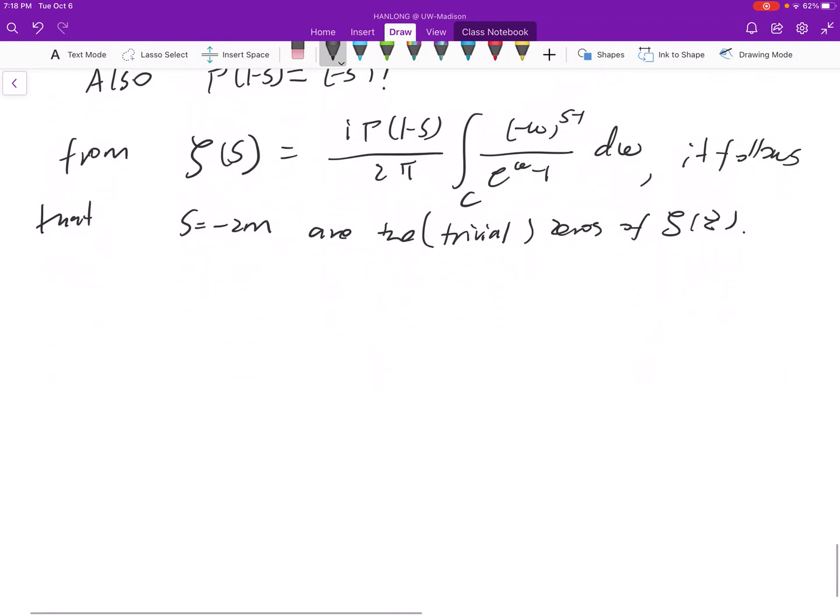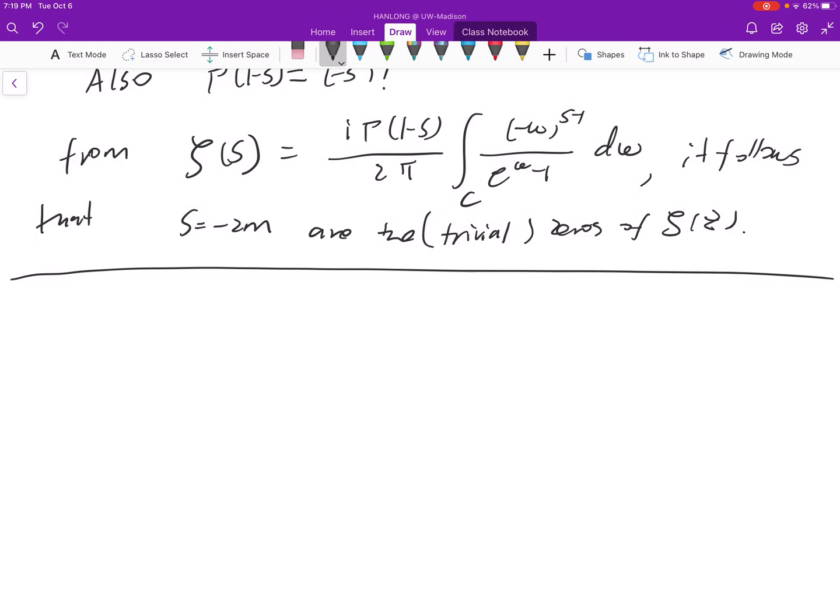Okay, actually, except the trivial zeros, the zeros are expected to be on the real part s equals 1/2.